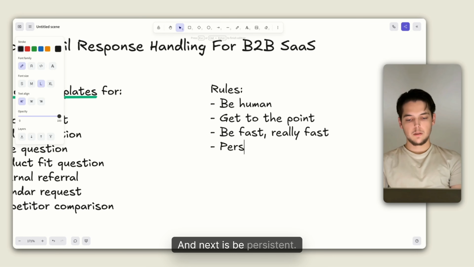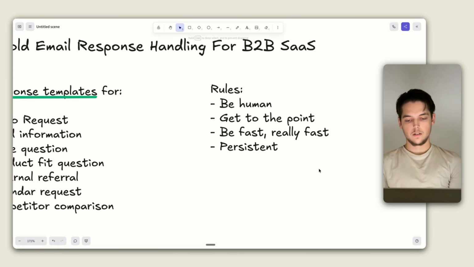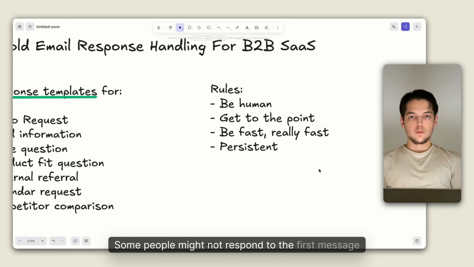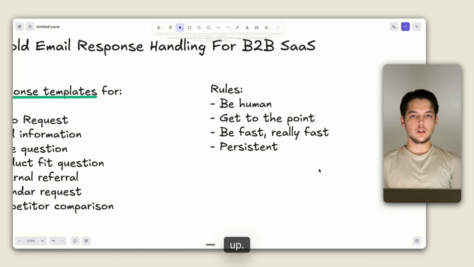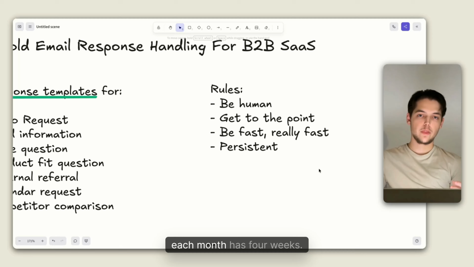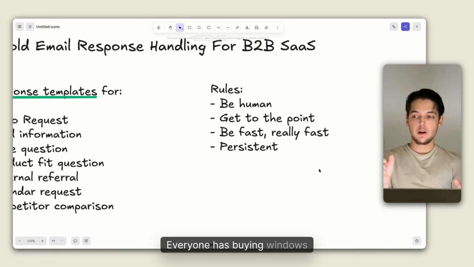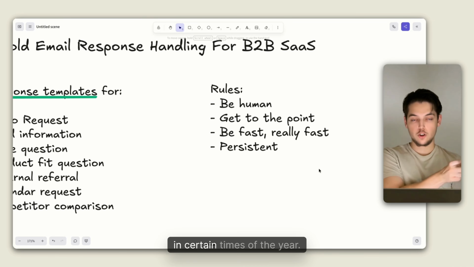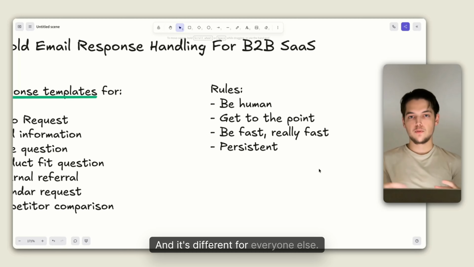And next is be persistent. All right. Some people might not respond to the first message, and that's fine. Just follow up and keep following up because everyone has a buying window. If you visualize the year with 12 months, each month has 4 weeks. Everyone has buying windows in certain times of the year, and it's different for everyone else.